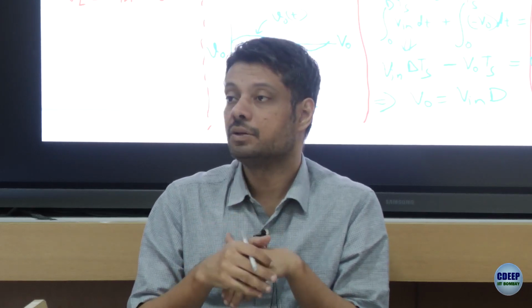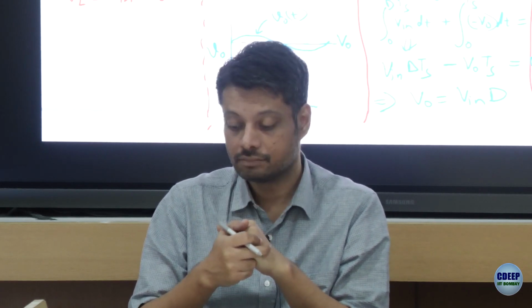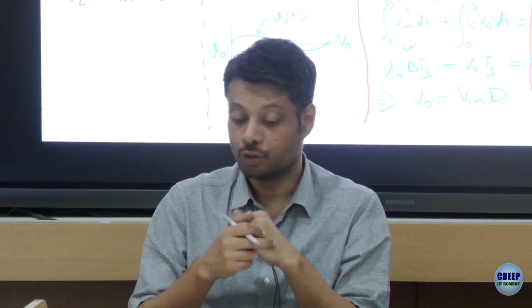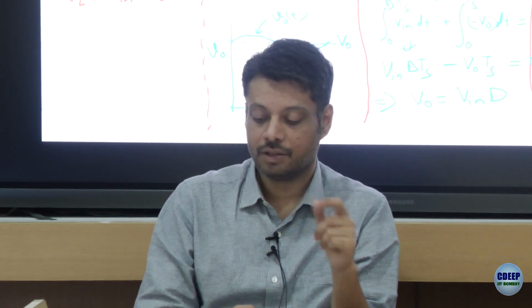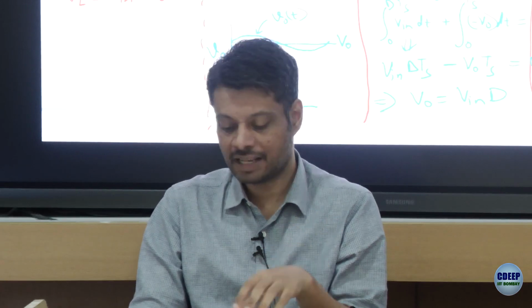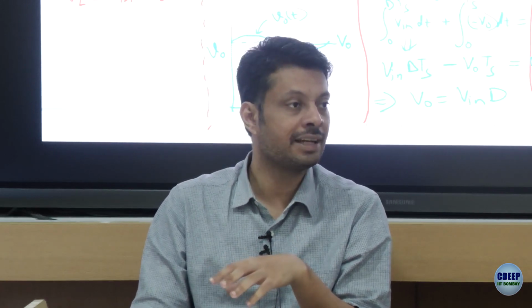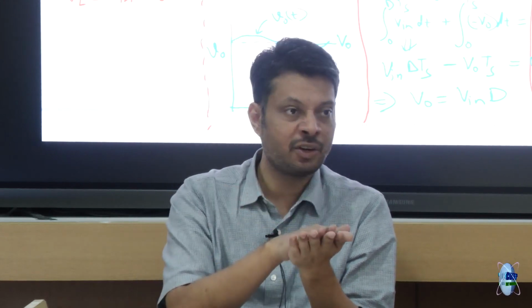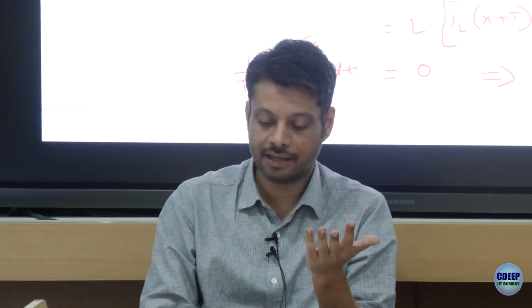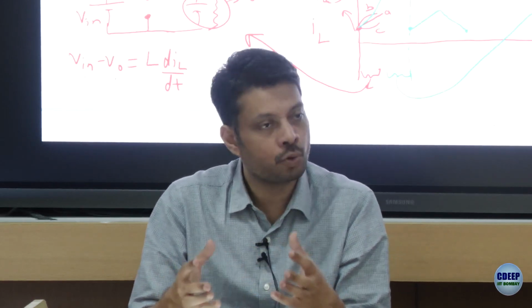Any question, any doubt? No, we are not. What he is thinking is, in the last lecture, if you remember, we derived this expression V naught is equal to D times Vin, right? So we are not starting from V naught equal to D Vin and deriving it again, no. But we are deriving it again by using a little bit different approach.